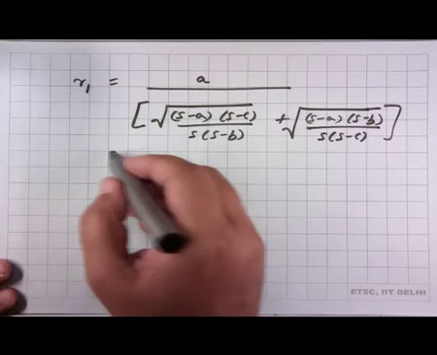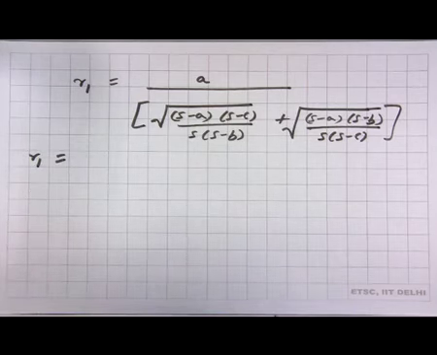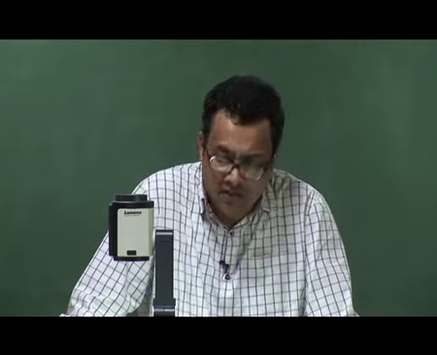And then, as we did for the case of the incircle, we are going to multiply and divide both the numerator and the denominator by the area of the triangle.